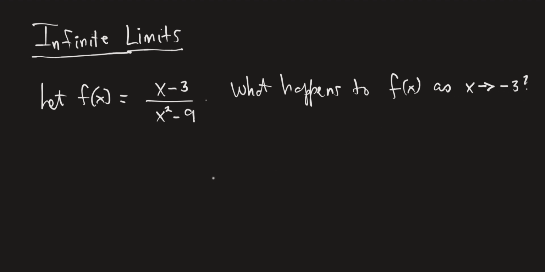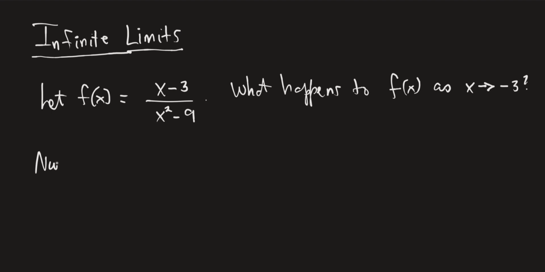Let's use this relatively simple function and incorporate all the different techniques that we've used up to this point when exploring limits. The first method that we looked at was numerically.